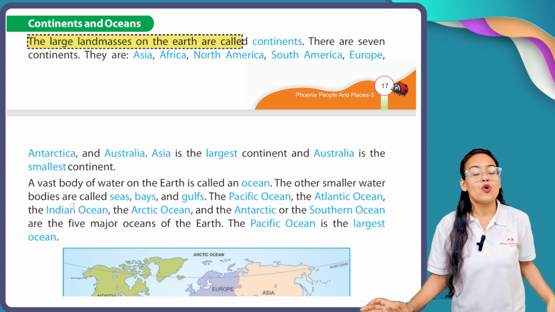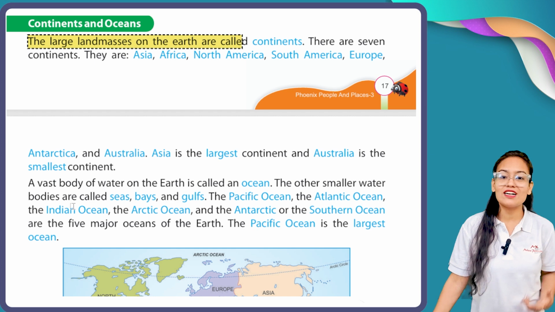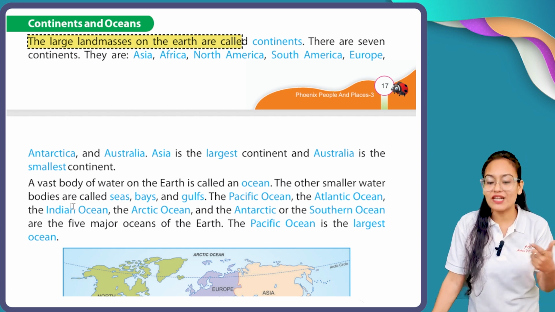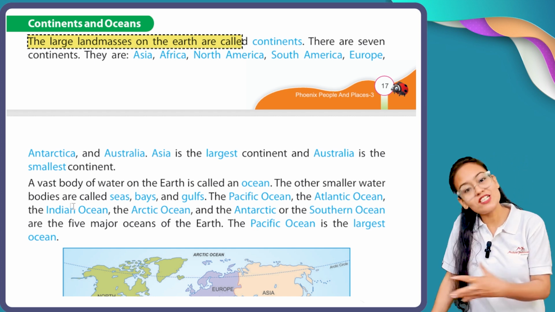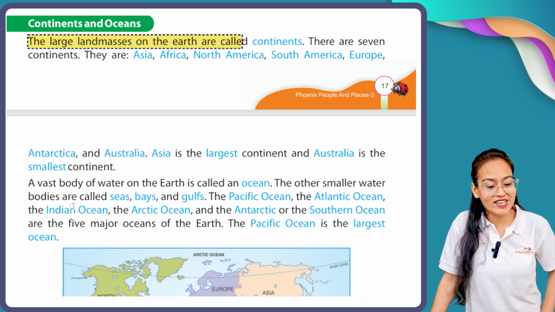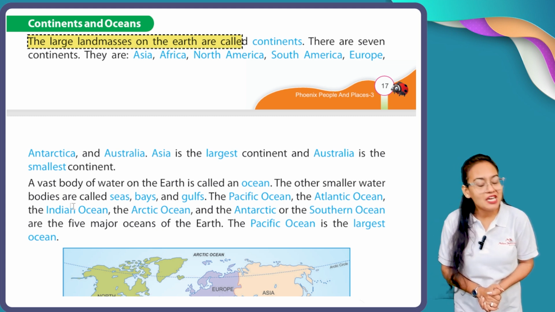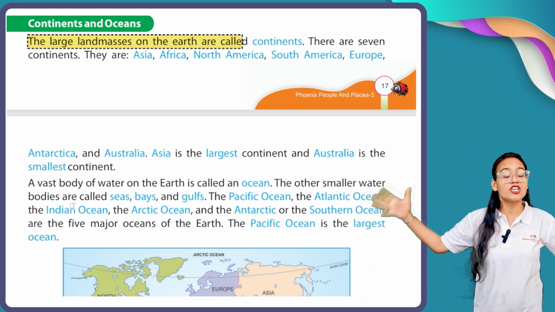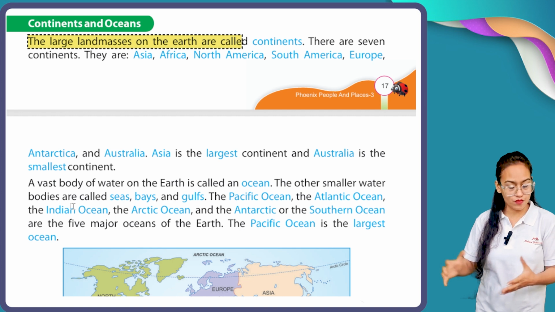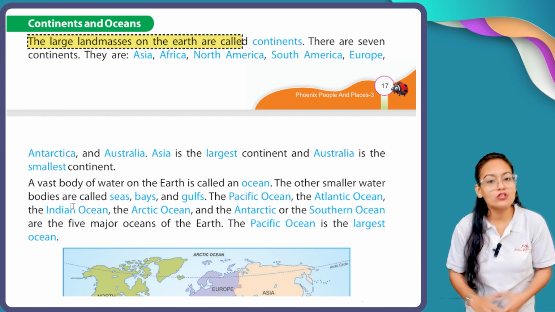Which is the largest continent on this planet Earth? It is Asia. And which is the smallest continent? It is Australia. So my dear students, the meaning of continent is the large and huge body of land present on our planet Earth.